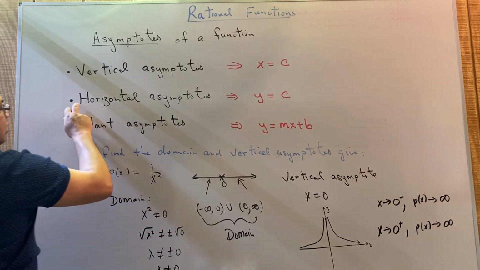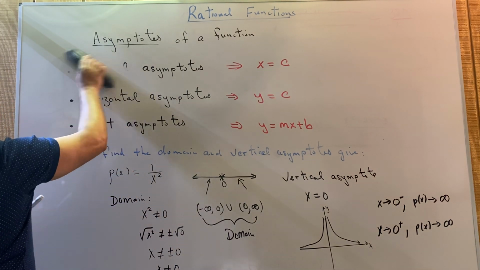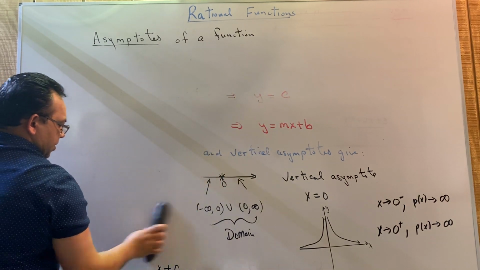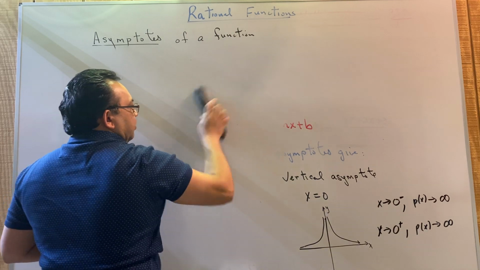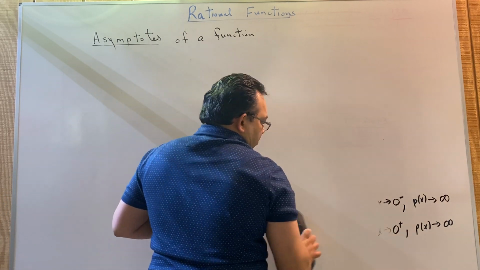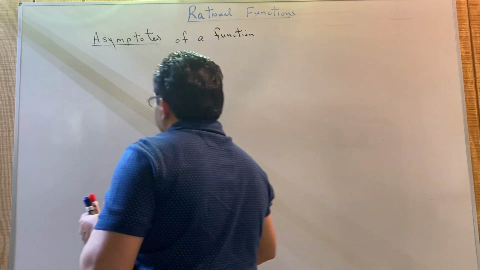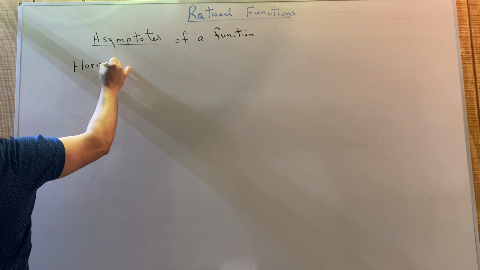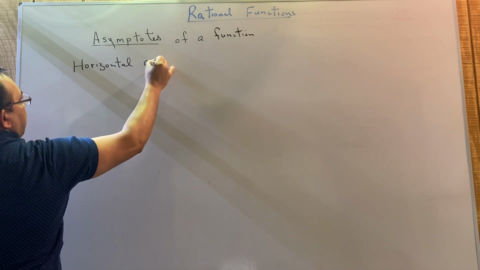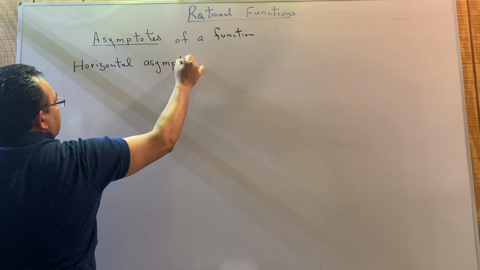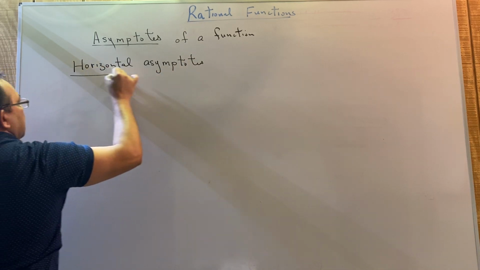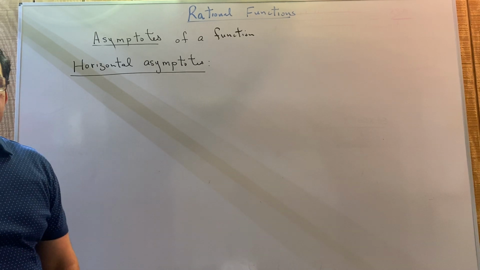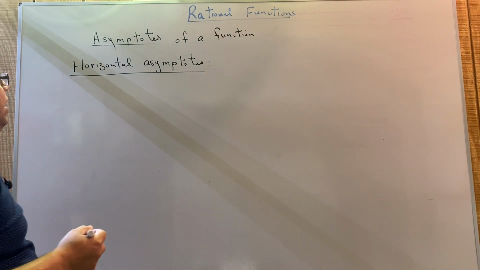So we're on to horizontal asymptotes now. So keep in mind that when we speak of horizontal, we're looking at horizontal asymptotes. For horizontal asymptotes, we're going to compare the degrees of the numerator versus the degree of the denominator.